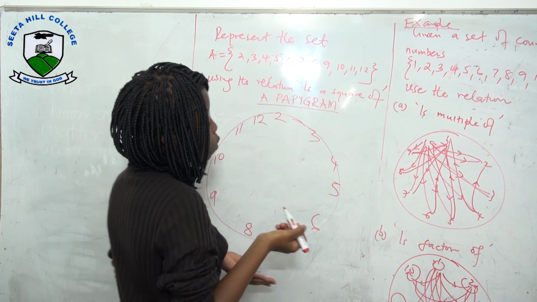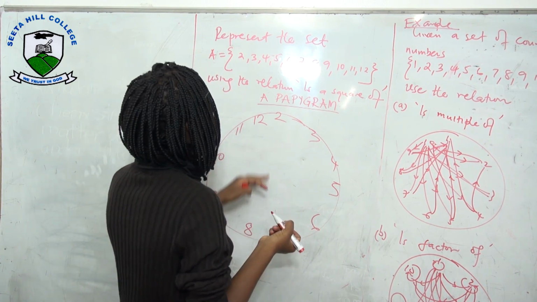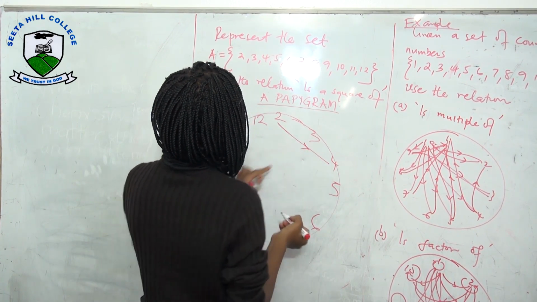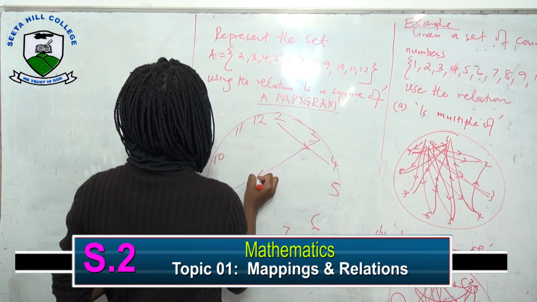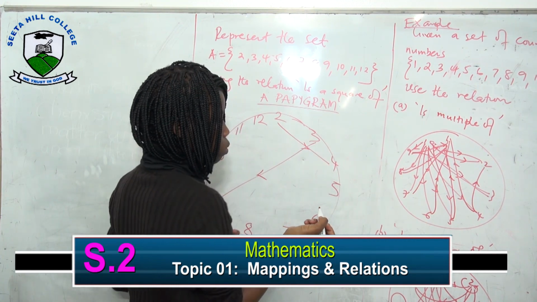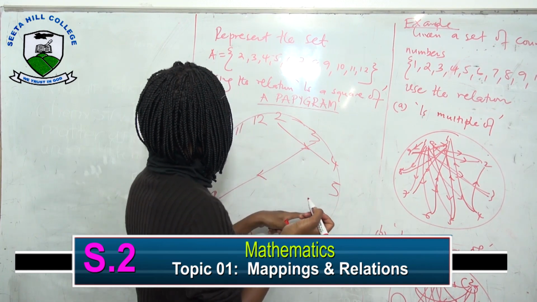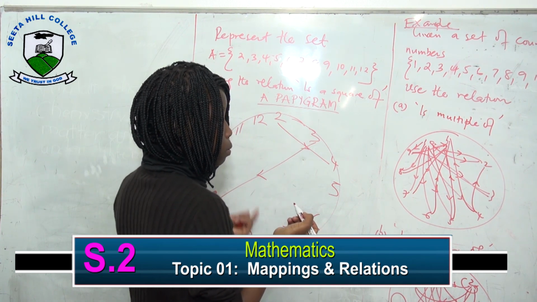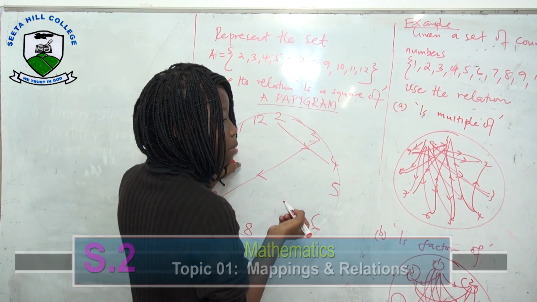So, square, it means multiply yourself, right? So 2 times 2 will give you 4. Then 3 times 3 will give you 9. 4 times 4, 16. It's not there. 5 times 5 is not there. 6 times 6 is not there. 7 times 7, 8 times 8, 9 times 9, 10 times 10.